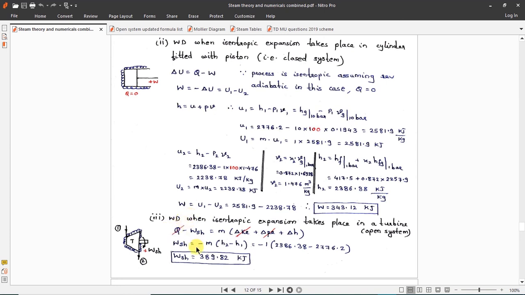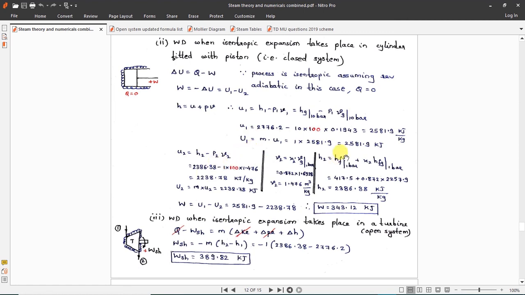So shaft work equals mass, this negative is coming on the right hand side, so minus mass times H2 minus H1. Now H2 and H1 we have already calculated in the first case. So H2 is this one, 2386.38, minus H1. What is the value of H1?